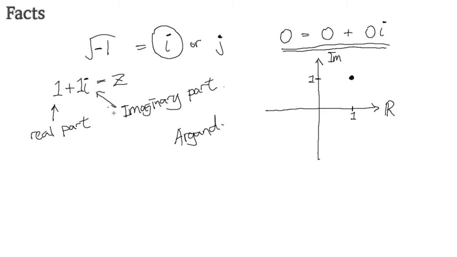This point will be our z value. With that, if we take a line from the origin straight to our complex number, this is a straight line, by the way, I just can't draw, we should get a length of, using Pythagoras, square root of 2.